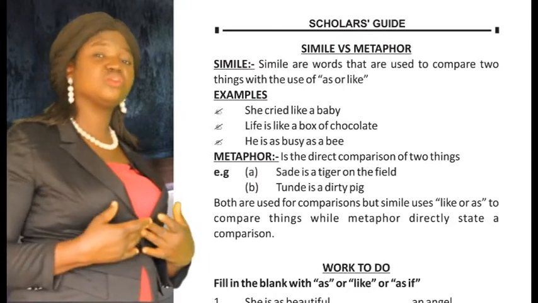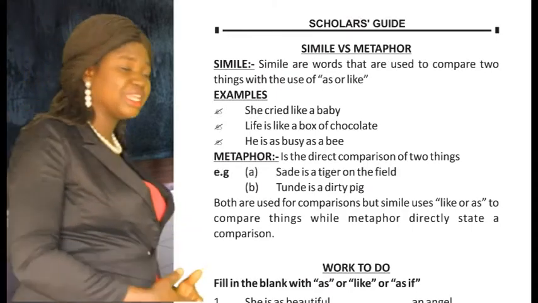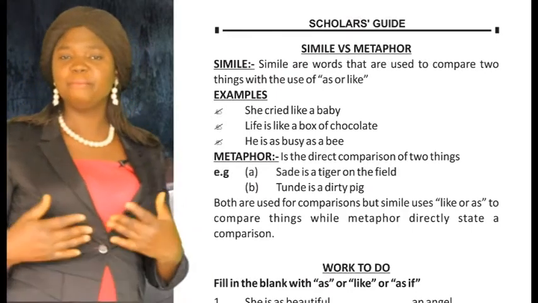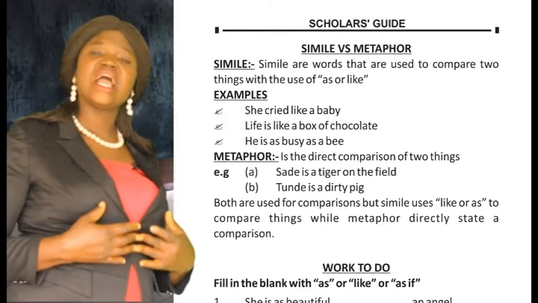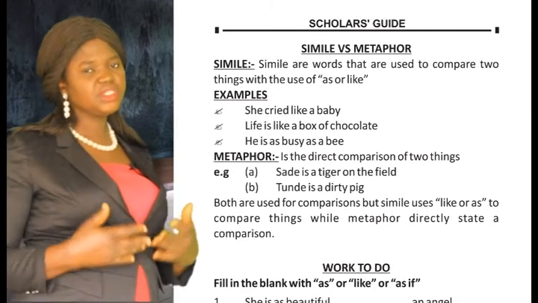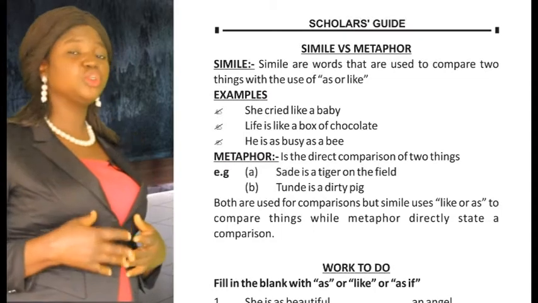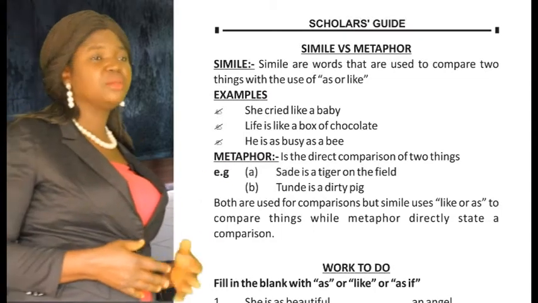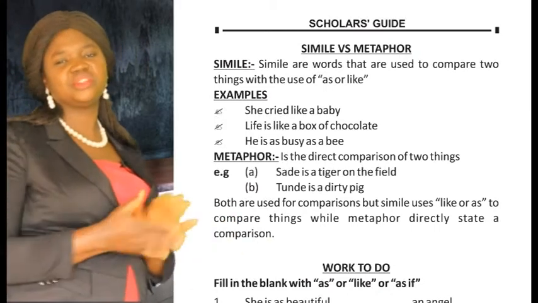Directly, not making use of as, not making use of like. So when you do a direct comparison like that, that is what, children? Metaphor. You see, if you had said Shade is like a tiger on the field, that would have been what? A simile, right? Because we make use of what? Like. But now we are not using as, we are not using like, but we say Shade is a tiger on the field. Direct comparison.